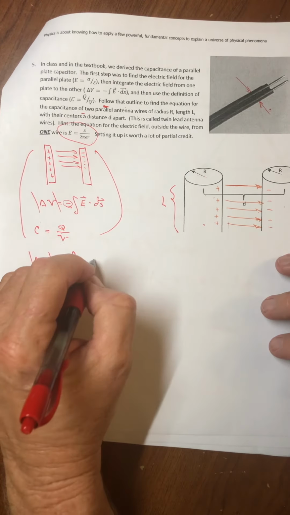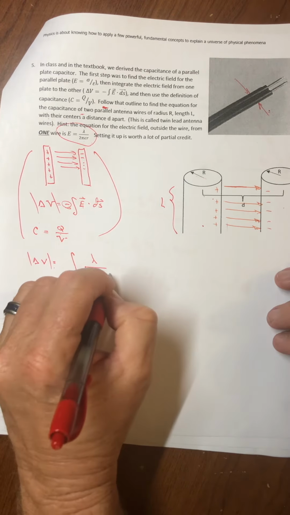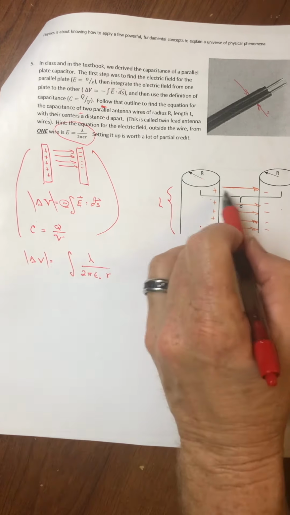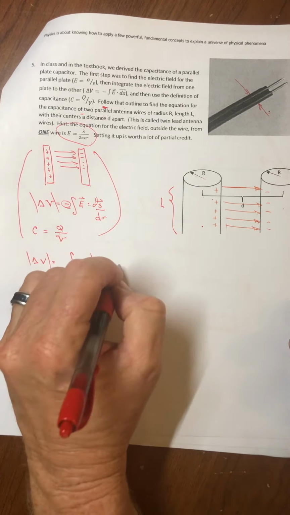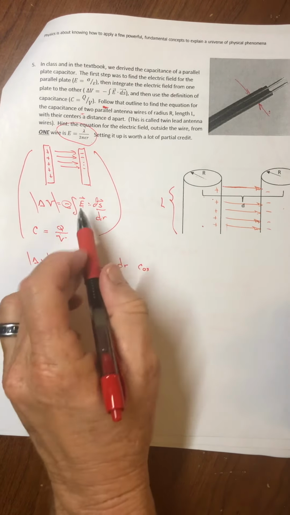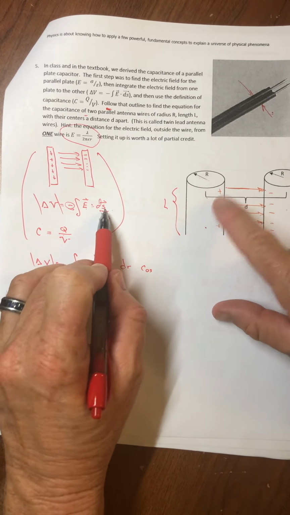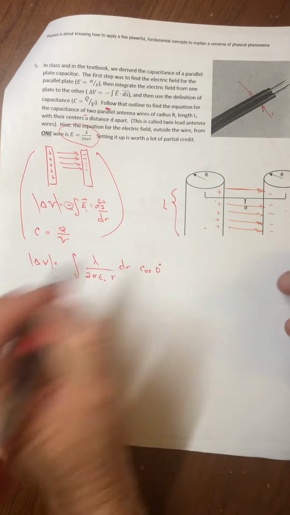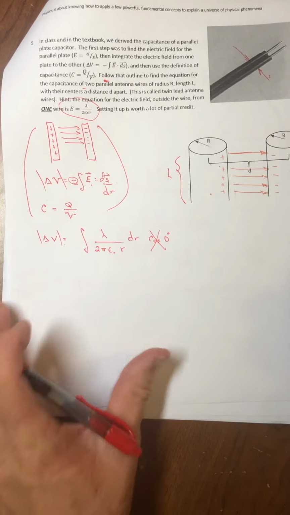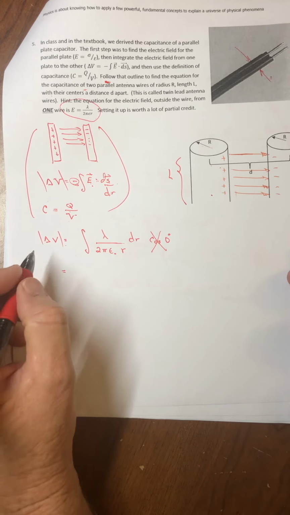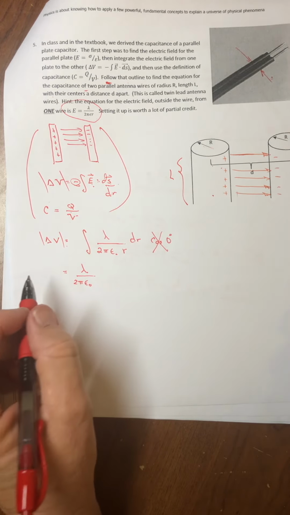The electric field, which would be lambda over 2 pi epsilon times R. And then I'm just going to go straight radially across, so this ds then becomes a dr. You might even say there's technically a dot product, but again, I'm just going to go straight across, and so the direction I integrate is the direction of the field, so that's cosine of 0 degrees, which is just 1, so we don't really need that as part of our equation. Like all integrals, we can factor out constants.